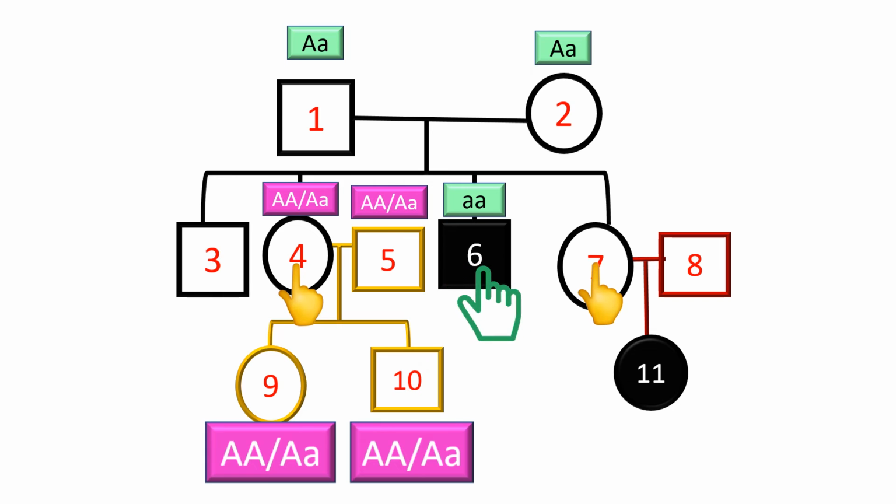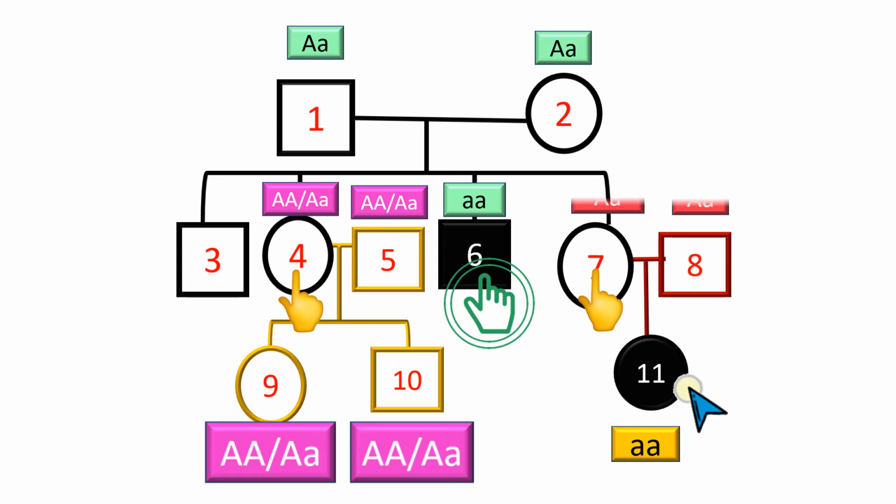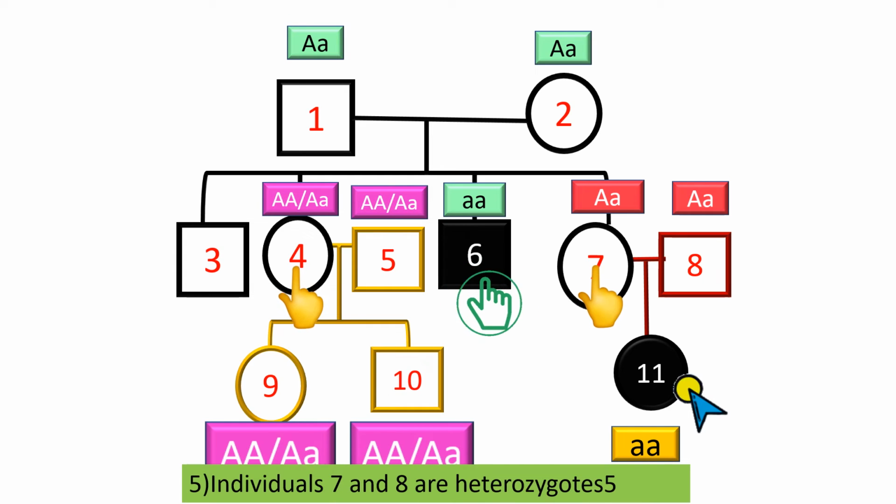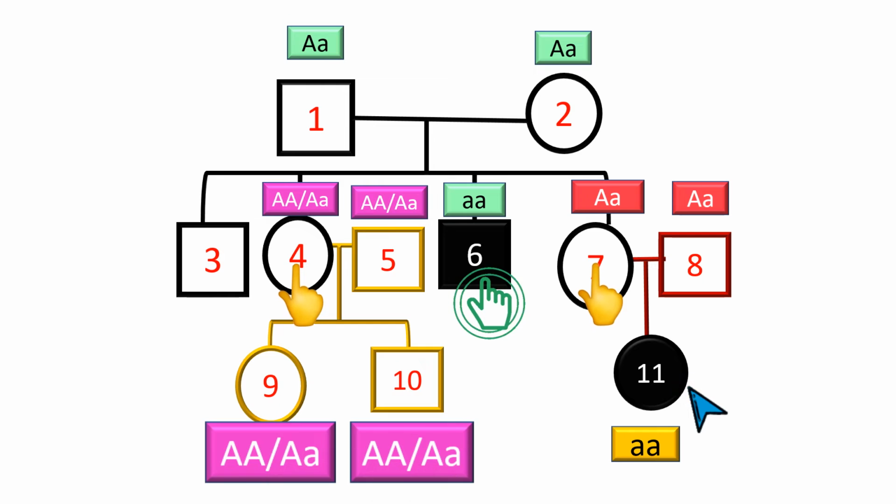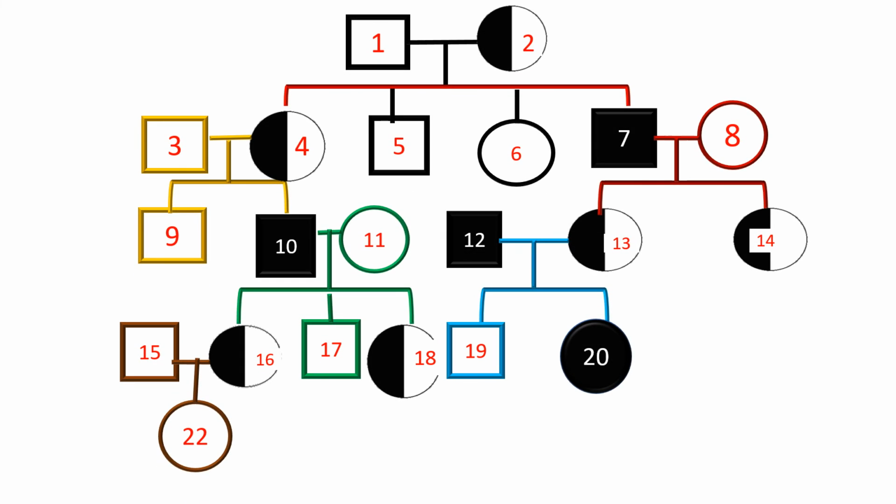The parents indicated by numbers 7 and 8 are unaffected, but they have an affected daughter indicated by number 11. For unaffected parents to have an affected child in autosomal recessive inheritance, the parents should be heterozygotes. The fifth statement is therefore also correct. Answer 4.